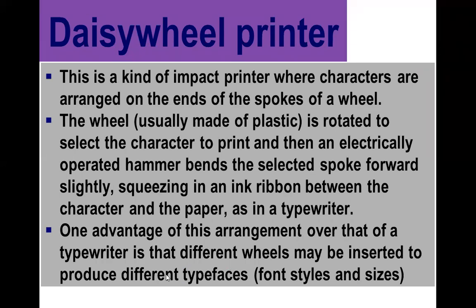Usually the wheel is made of plastic. It is rotated to select the character to print, and then an electronically operated hammer bends the selected spoke forward slightly, squeezing an ink ribbon between the character and the paper, as in the typewriter.